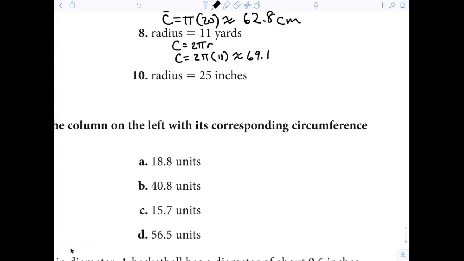So we would do C equals 2 pi r. Good. Right. So tell me what 2 times pi times 25 is.